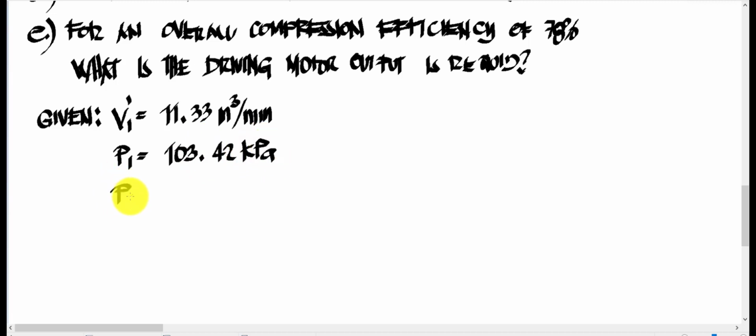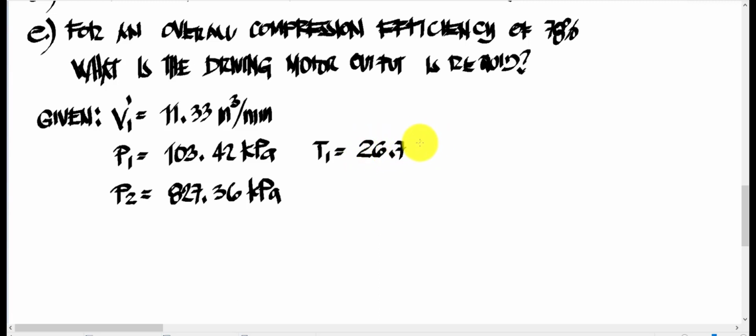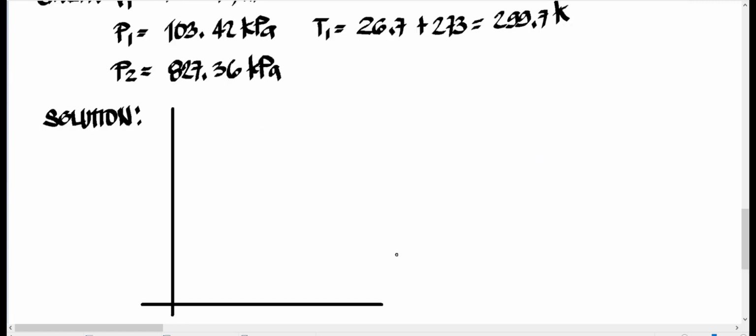Then the pressure 2 to be compressed at is 827.36 kPa. Then we have the initial temperature T1, which is equal to 26.7. I'm going to convert this to Kelvin already, so I'm going to add 273 to make it Kelvin. So we have 299.7 Kelvin.